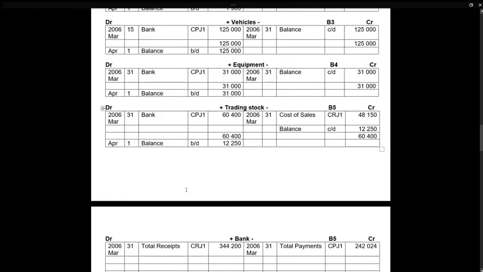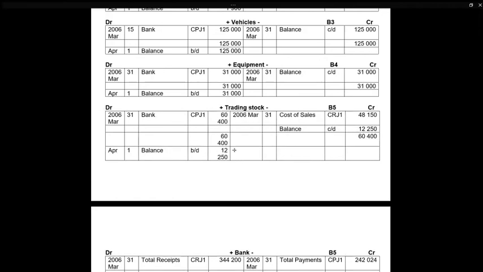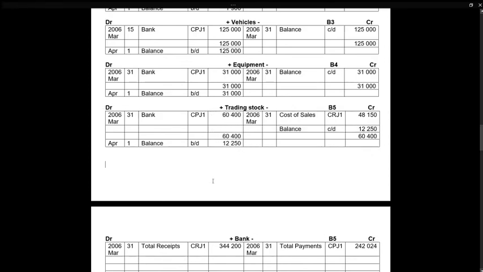Okay, so essentially what you've done here by calculating the difference between the two sides, you just calculated your new opening balance. Right, there you go, new opening balance. Okay, I bought trading stock to the value of 60,400 and I sold trading stock to the value of 48,150, which means I should have 12,250 left.